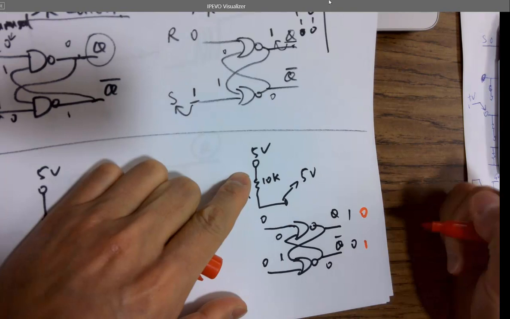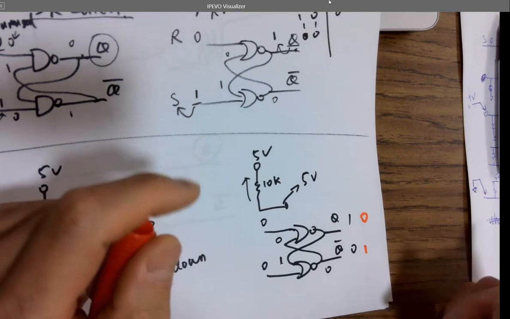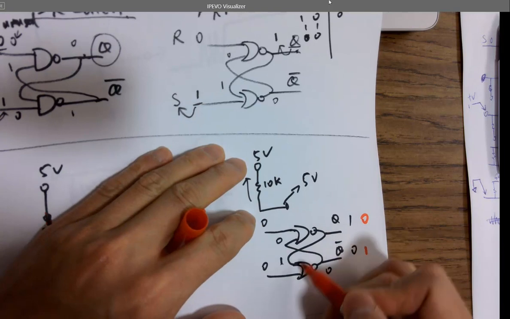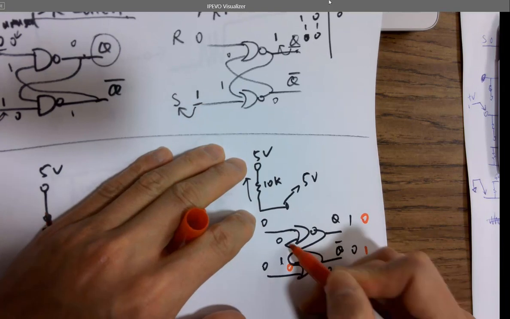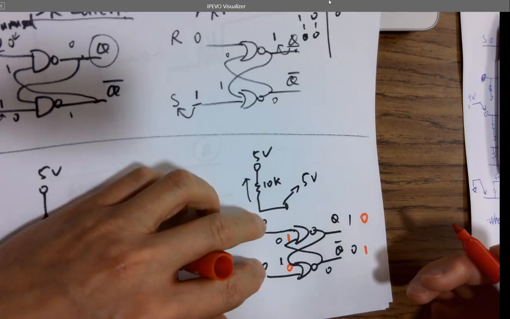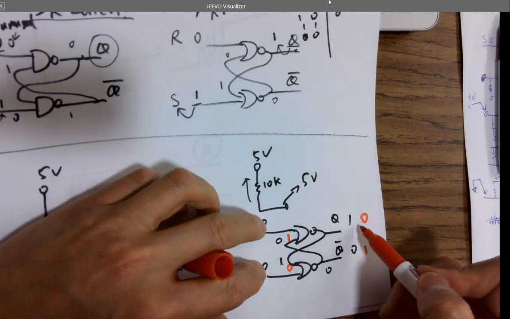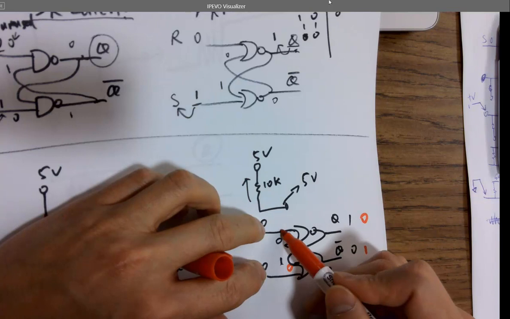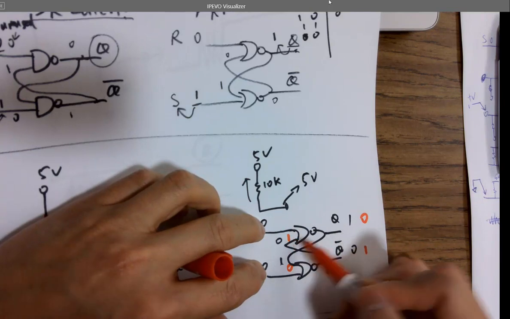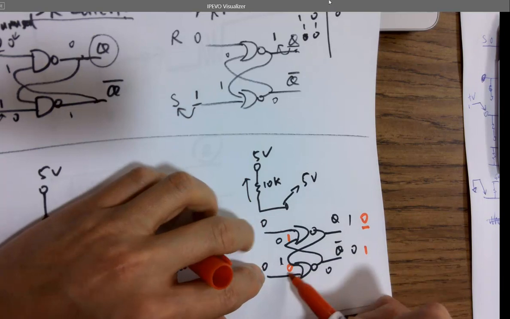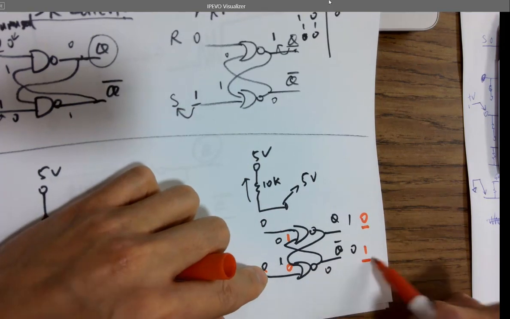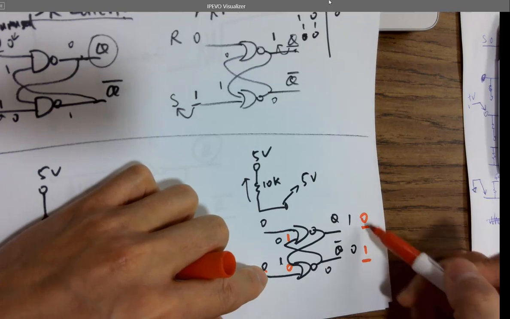If we have 0, 1 as the initial state, so 0 will be fed back here, and 1 will be fed back here. We still keep the input at 0, 0. What's going to happen to the output? 1, 0 NOR will be what? 0, right? 0, 0 NOR will be what? 1. Is that stable?